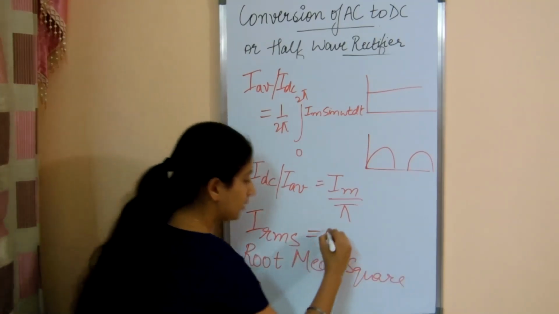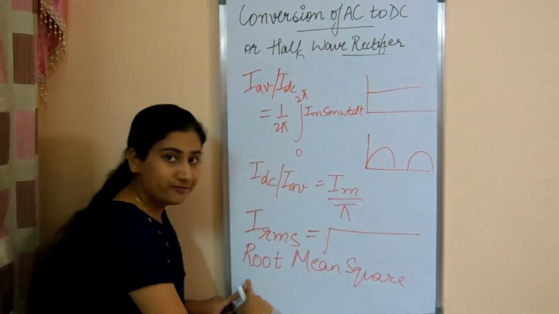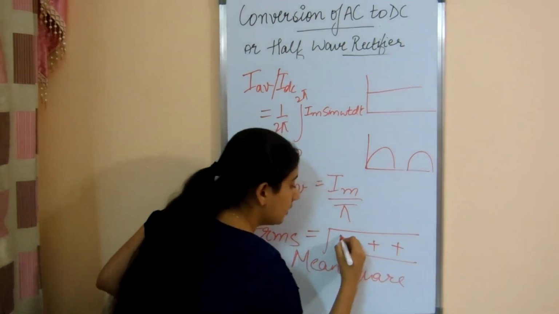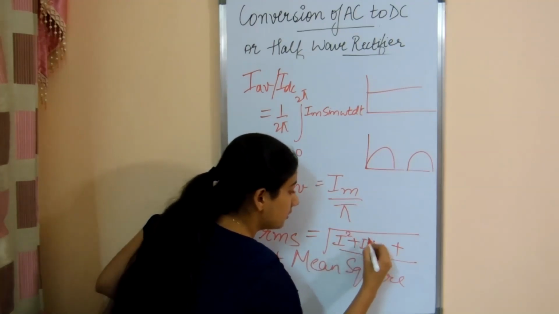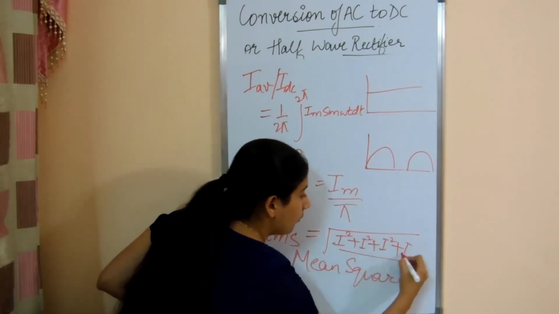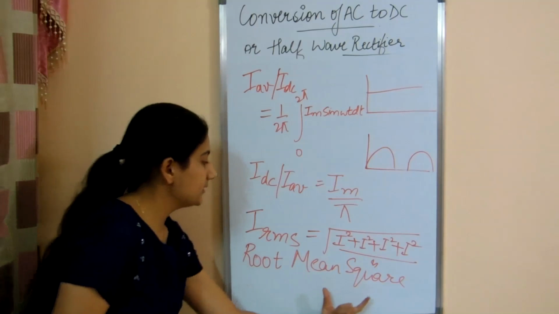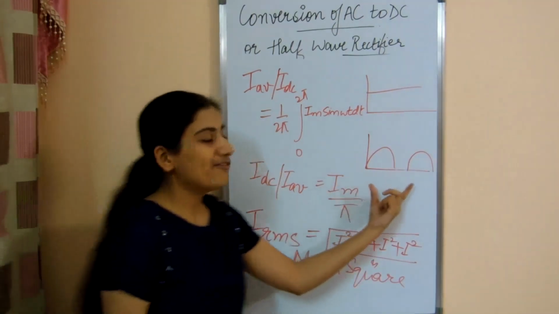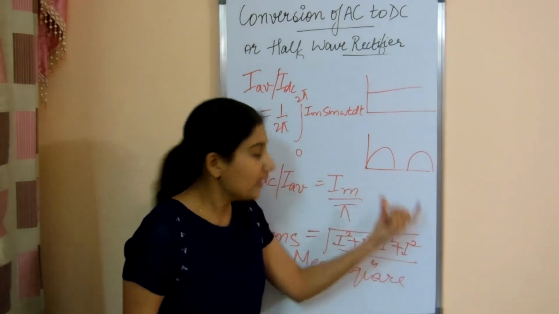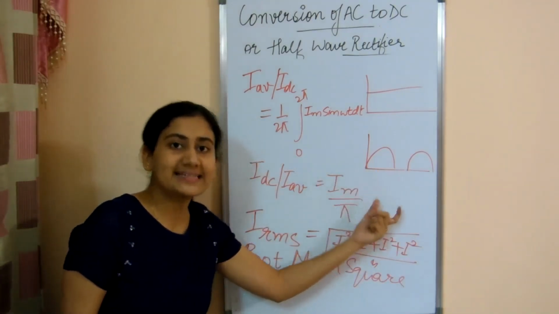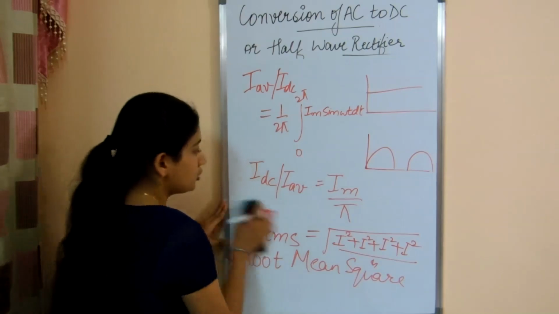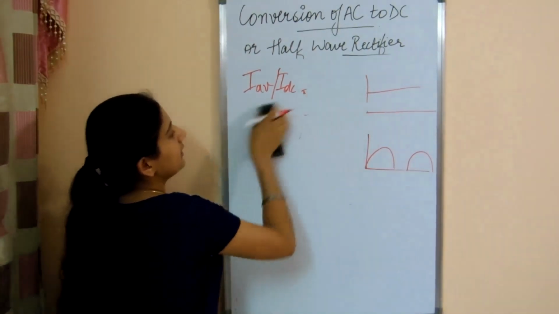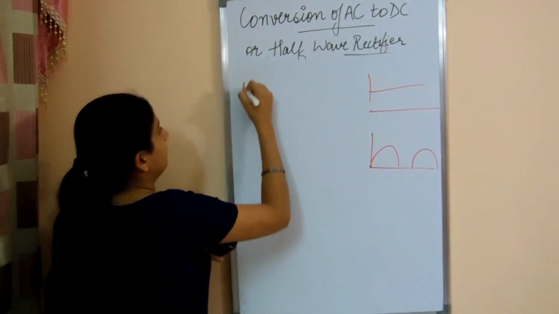So what is it? We are going to take root of what? Mean. Mean of what? The squares of the things which we want to take. So it is going to be like this. Now I am going to take root mean square of my pulsating DC. Why? Because it has some AC characteristics. So to check that, now I am going to take the RMS value.